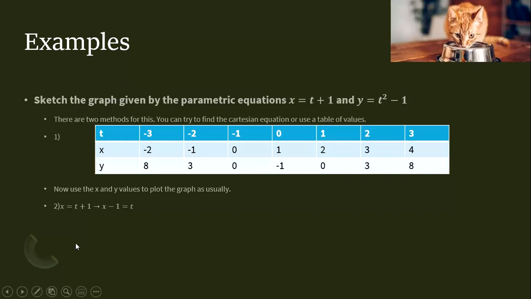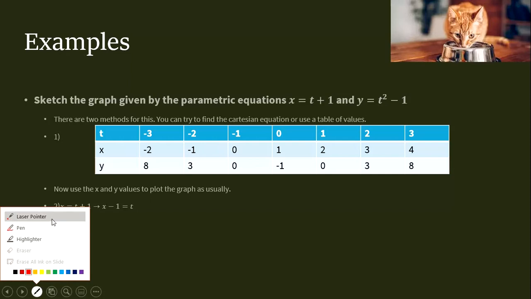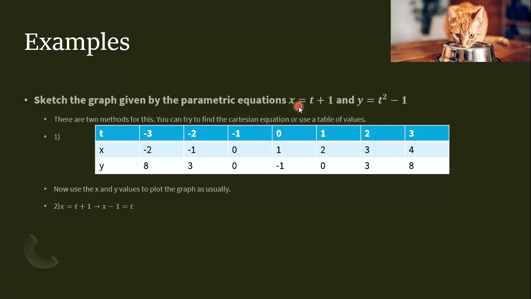So one of the parametric equations, let me get my laser pointer out, is x equals t plus 1. Minus 1 on both sides, and you get x minus 1 is equal to t. Plug this into the y equation, so you have y equals, instead of t squared, (x minus 1) squared, minus 1. y equals x squared minus 2x plus 1 minus 1, so y equals x squared minus 2x.